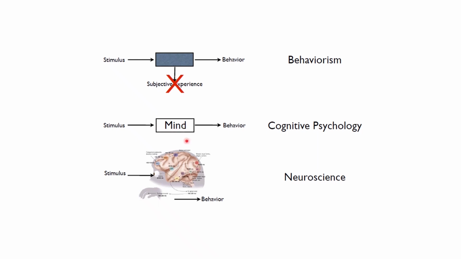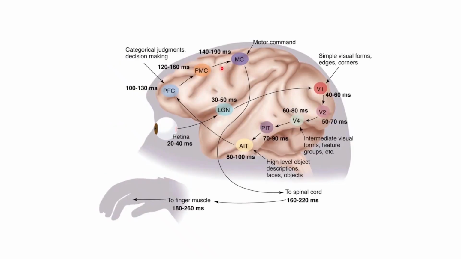And the field of experimental neuroscience tries to look at the whole circuit that is involved in processing the stimulus and generating the behavior. So there may be a lot of processing steps here that one can try to study experimentally. So let's say I look at a cup, and after looking at the cup, I raise my hand to lift the cup. Let's see what is going on in the brain during this simple process.